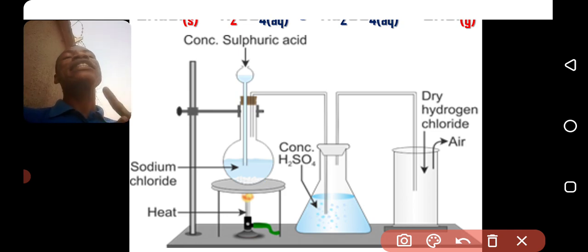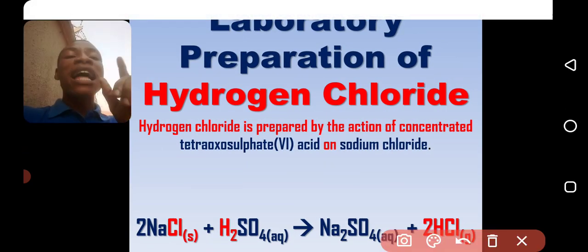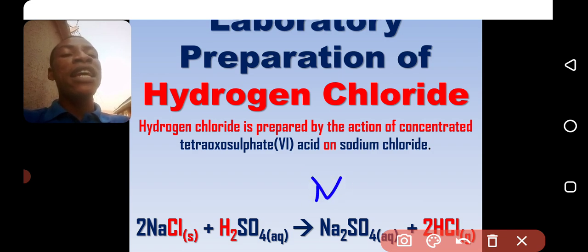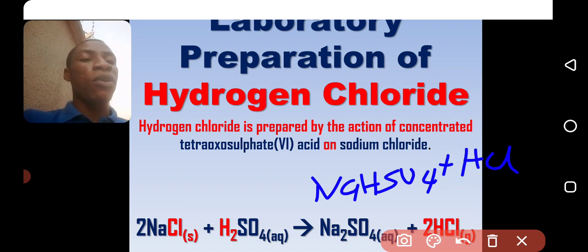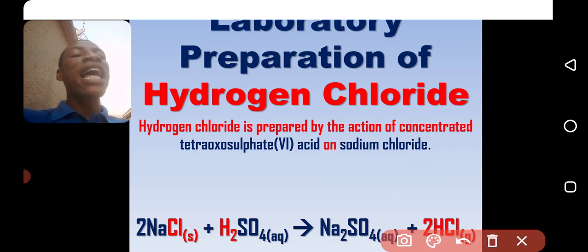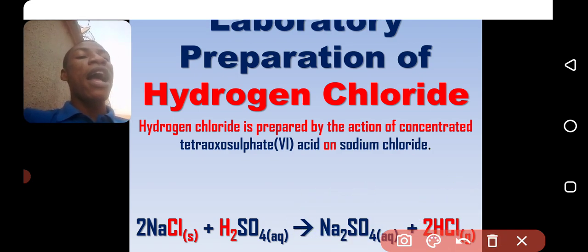If you heat it to high temperature, it gives you Na2SO4. But if you only use lower temperature, the product will be NaHSO4 plus only one HCl. If you heat it at high temperature, it gives you Na2SO4 and 2 HCl.